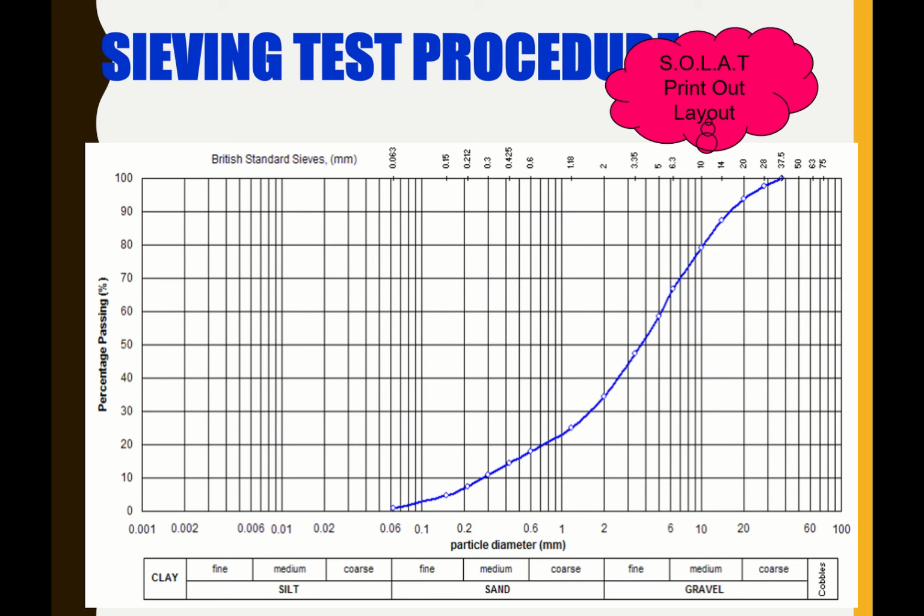And we already did the composition, meaning that we want to find the percentage of gravel, the percentage of sand, and the percentage of fine material.